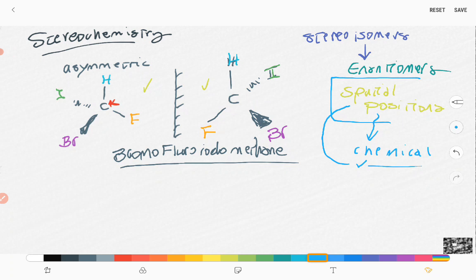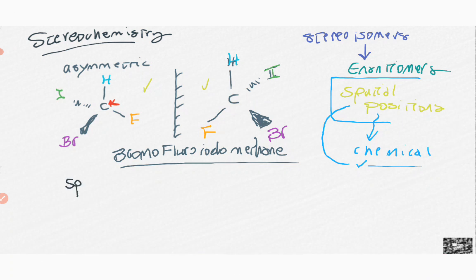So we said that they are almost similar in every property. The only physical property in which they are not the same and act in a different way is the phenomenon that we call spin polarization.